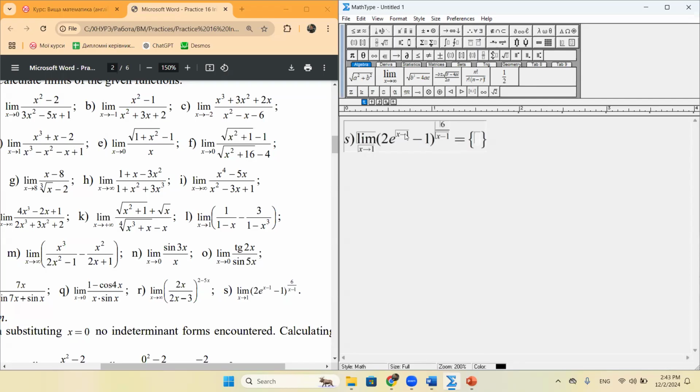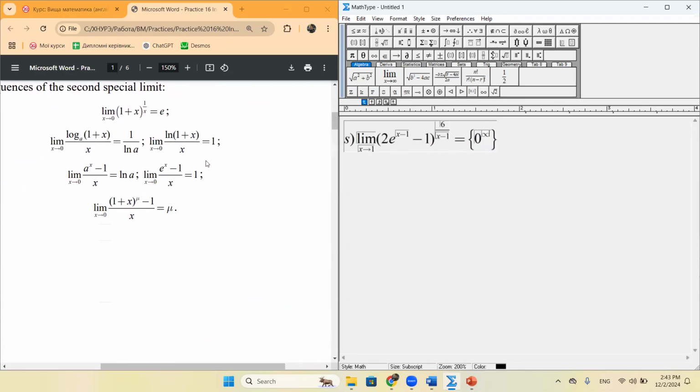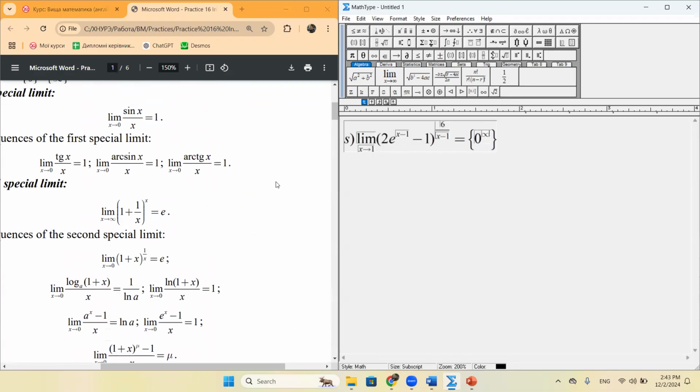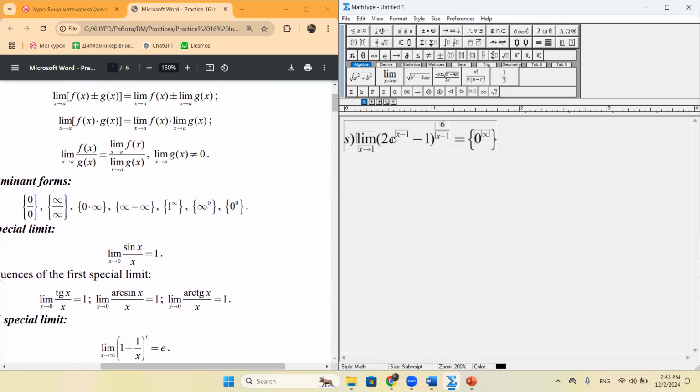So 0 in power of infinity. Oh no, 0. Yeah. So 1 in power of infinity. I forgot about this e.